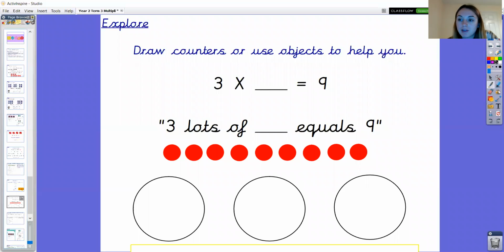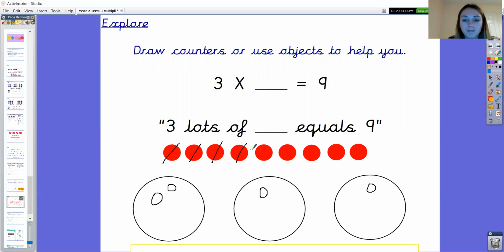Okay, so I'm going to get my pen ready to share out these 9 counters, and you have to bear with my drawing of the counters. I'm going to try my very best to draw them neatly. So I'm going to take turns sharing 1 counter at a time into each equal group. And the reason I'm doing this is to make sure that each group has an equal amount.